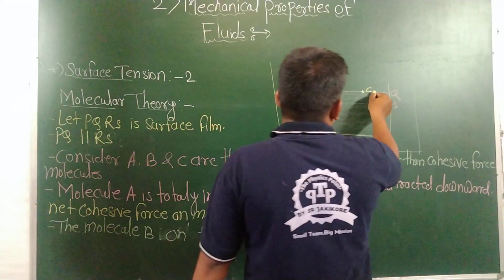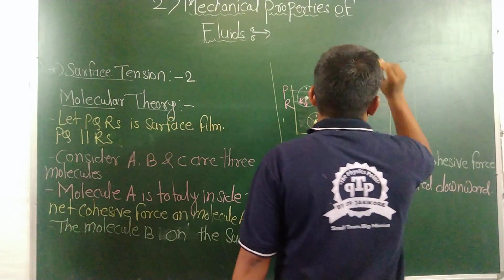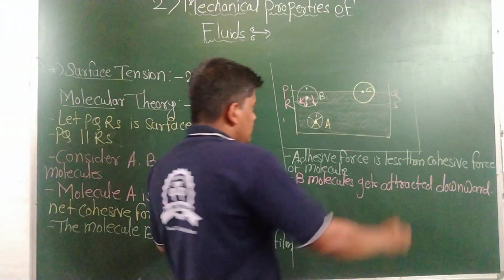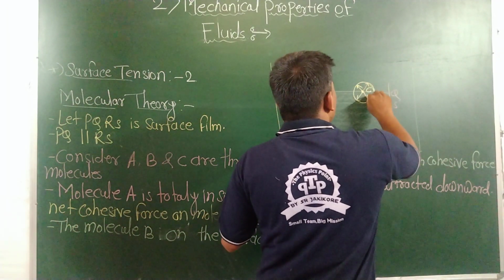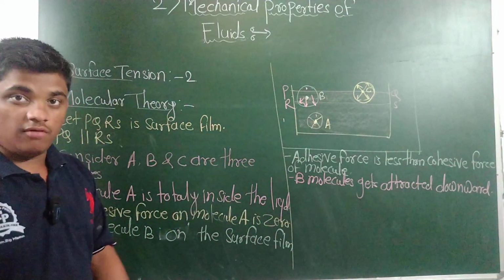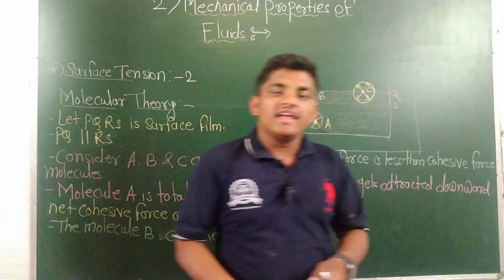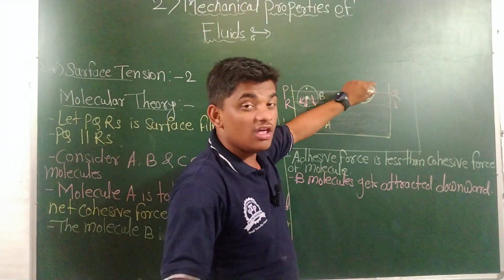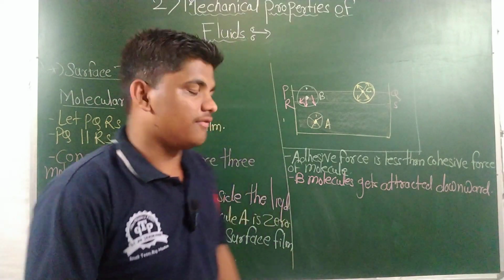I will draw the sphere of influence, exactly a circle, and half the part of the sphere of influence of the molecule C is above the surface of the liquid and half is below the surface of the liquid. But the adhesive force is still less than the cohesive force between the molecules C, which are liquid molecules, and the liquid molecules below the surface.